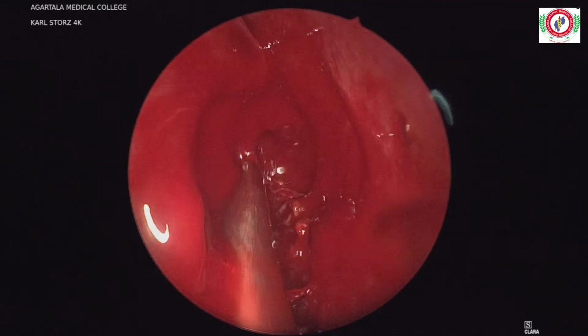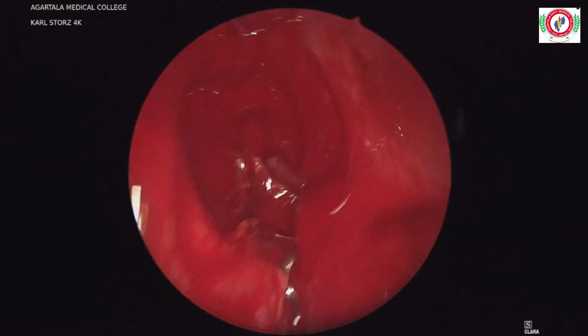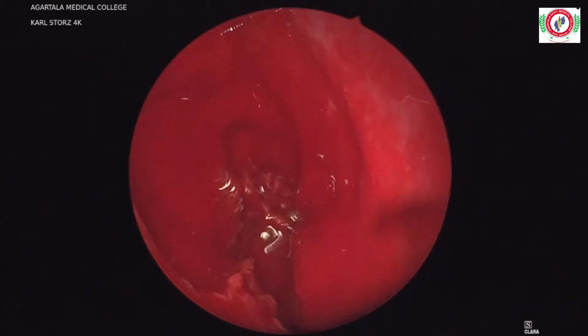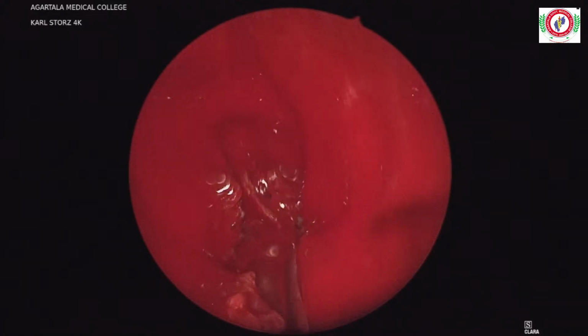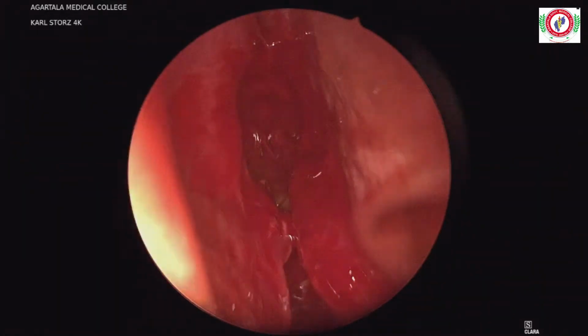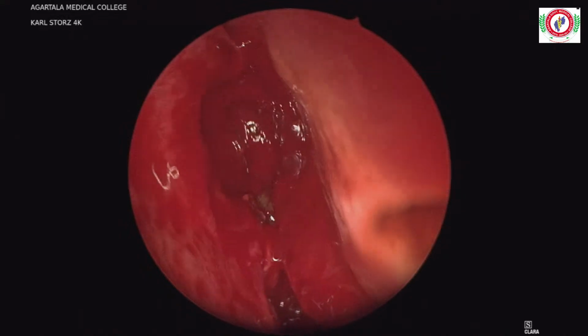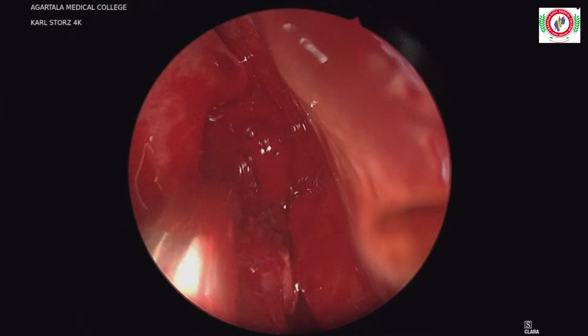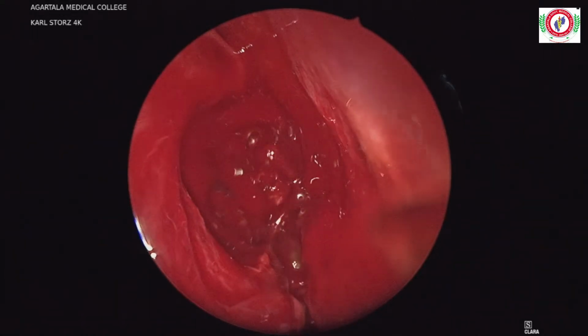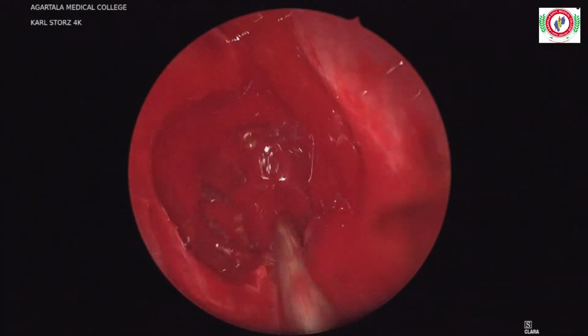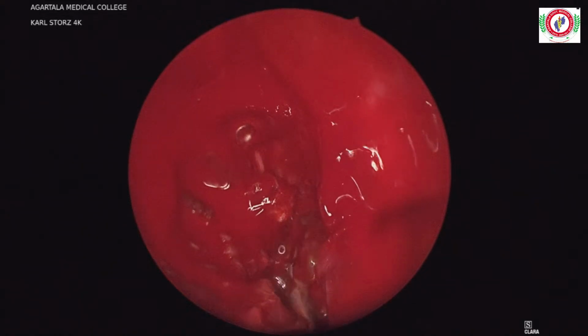It's a tumor, right? So while I am removing the nasal part, it will bleed. Once I am done with the nasal part, then I'll take care of this bleeding. I need to be a little quick while removing this nasal part, because this is the bloody part, right?